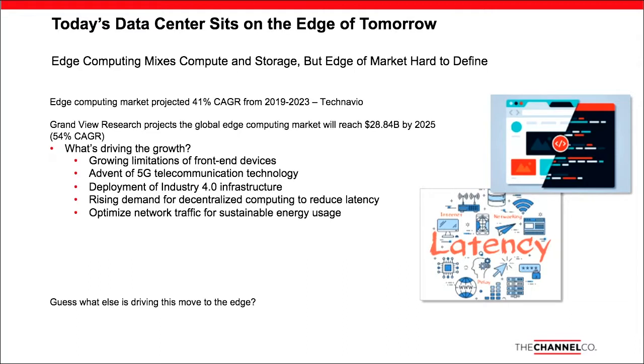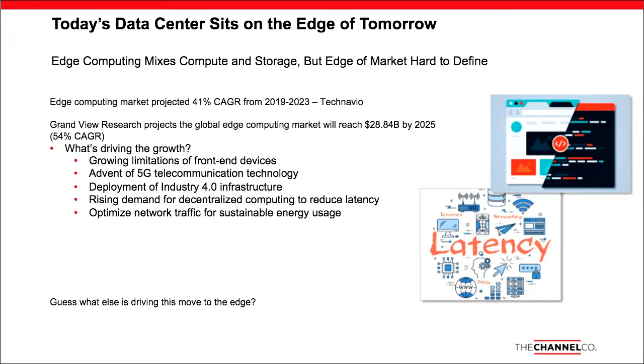You can also see Grand View Research says that the global edge computing market will reach almost $29 billion by 2025, which is a 54% compound annual growth rate. What's driving the edge forward is things like the growing limitations of front-end devices, 5G, Industry 4.0, decentralized computing to lower latency, and making sure network traffic is optimized for sustainable energy.